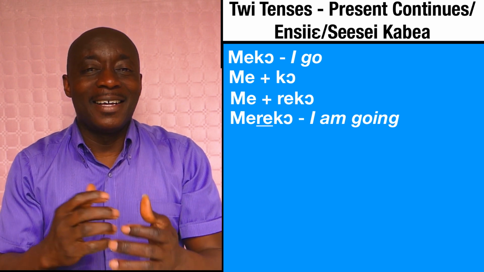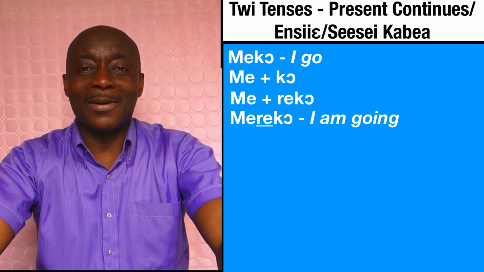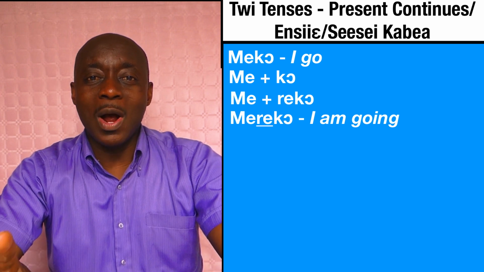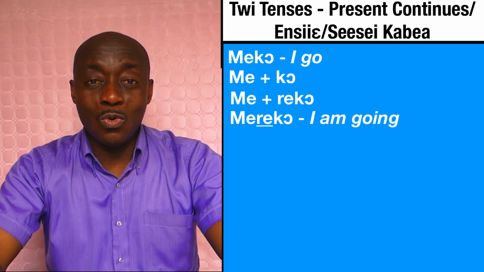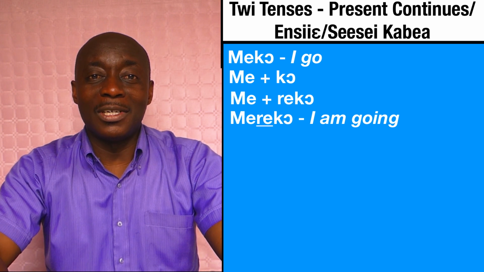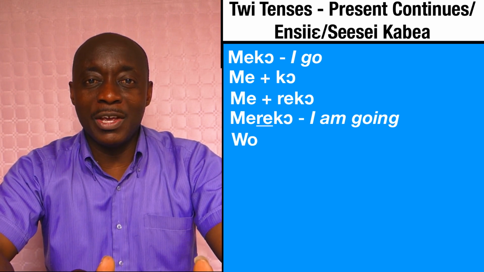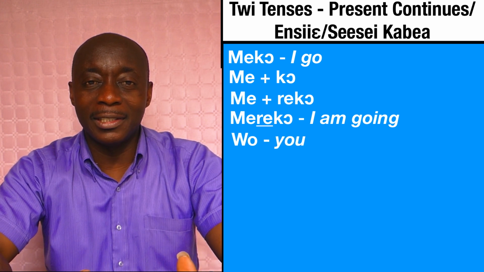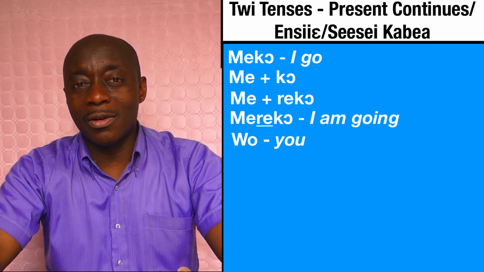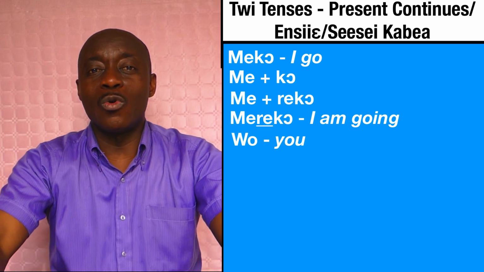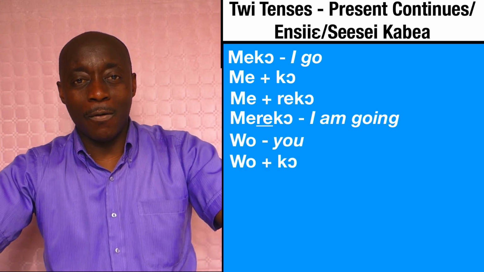Good. Let's take another example. Let's say I want to say you are going. You, in Twi, is wo. So if I want to say you are going, we know that ko is to go. So we'll have wo and then ko.